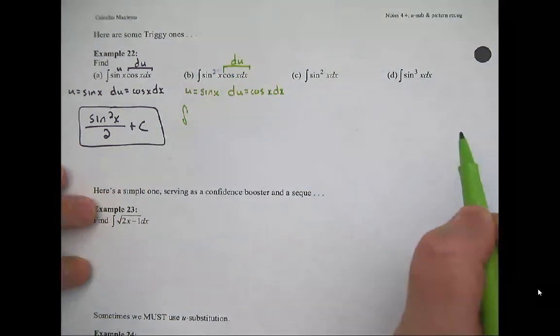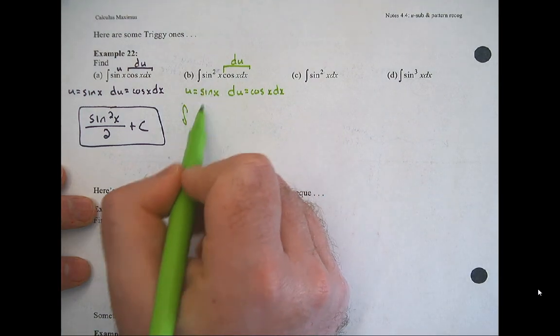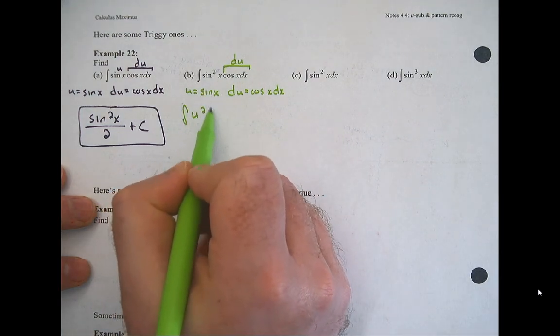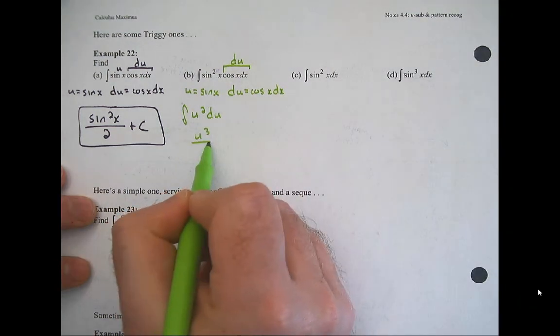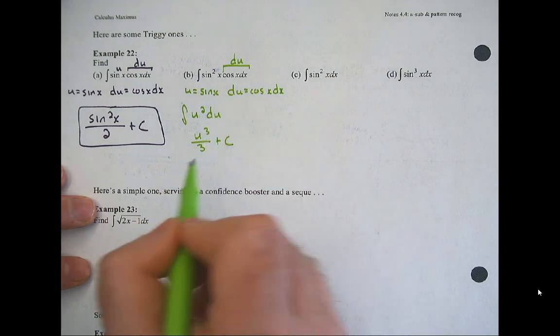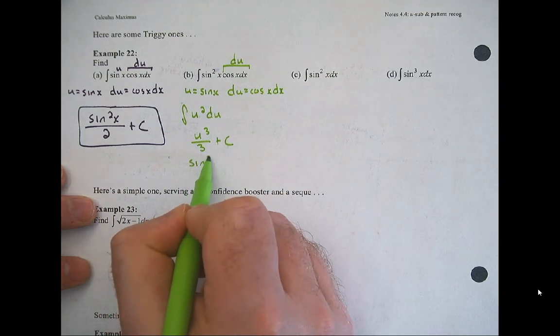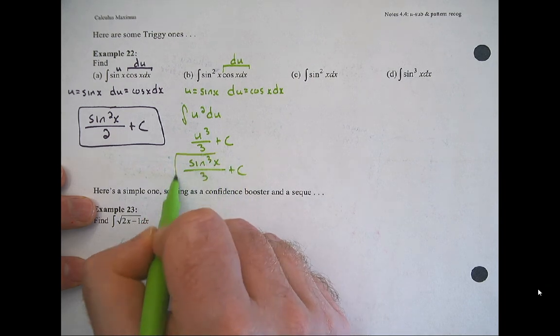The cosine and the dx came together to make my du, no problem. The sine's getting squared, so that becomes u squared. The integral of u squared is u cubed over 3 plus c. And then I've got to put my u back in there, so this would be sine cubed x over 3 plus c.